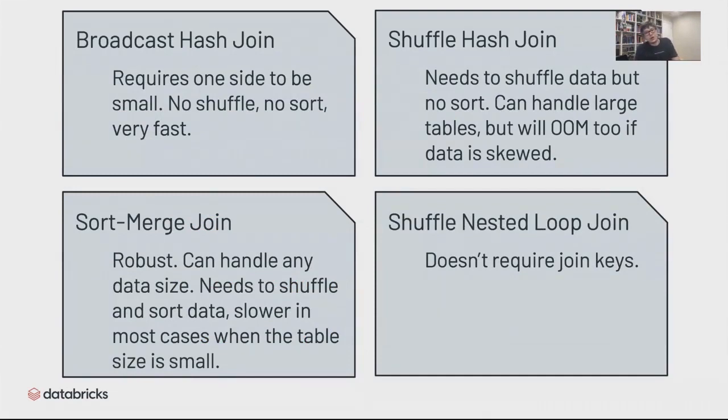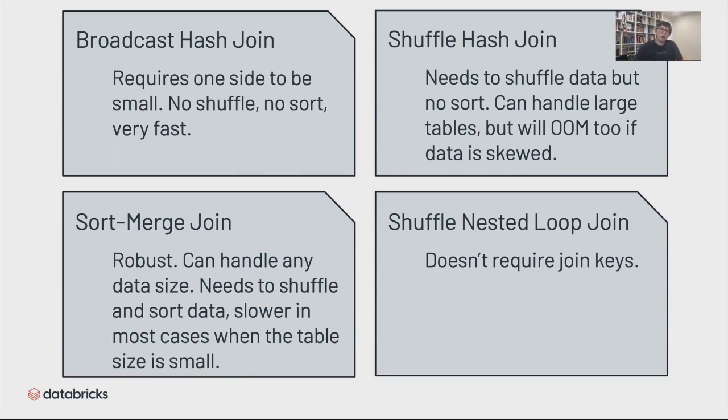When you decide the join strategies, I list the differences here. Broadcast hash join requires one side to be very small, and with no shuffle and no sort, it is very fast in most cases. The shuffle hash join needs to shuffle the data but no sort, can handle large tables, but will still cause out of memory if the data is skewed.